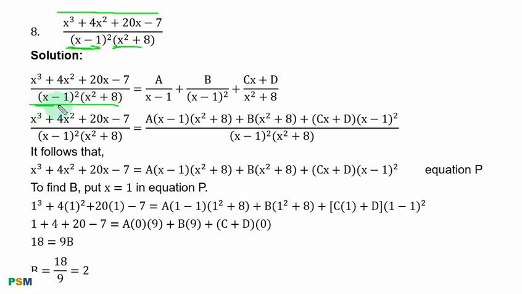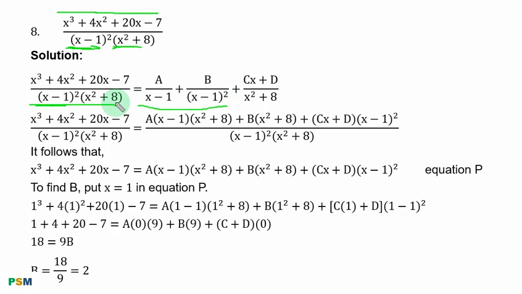In the first factor, you have s minus 1 to the power of 1, which you assign one numerator, a, before s minus 1 to the power of 2, another numerator b, in this form.